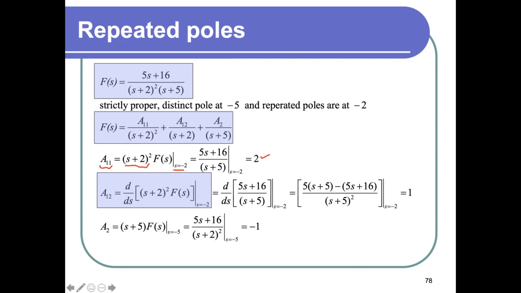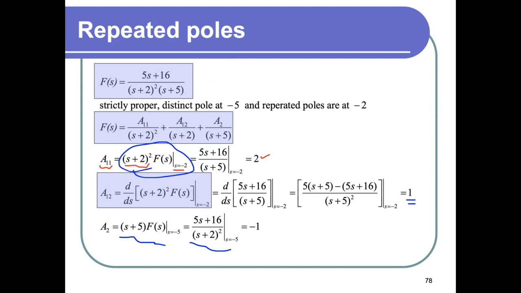Once you take the derivative and evaluate at s equals minus 2, you will have a certain number. And for the third pole, which corresponds to minus 5, business as usual works.